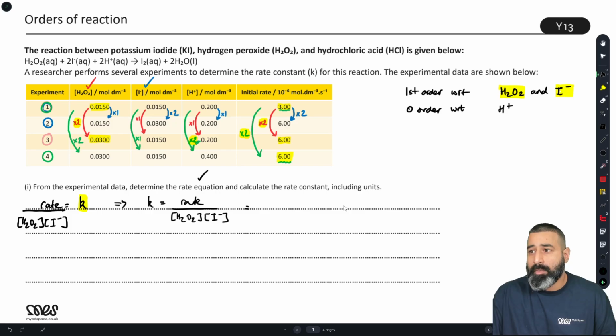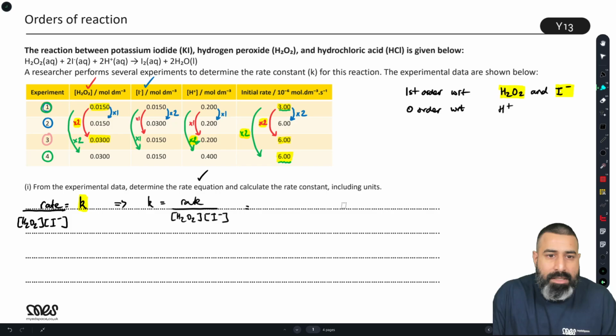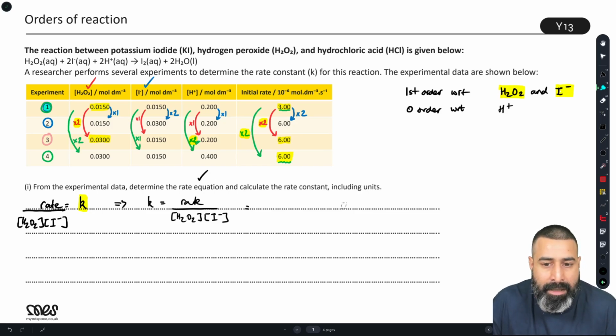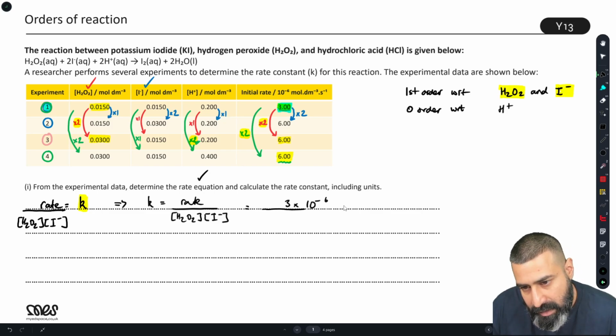So now what we do is just pick any run number you want. So let's go for run number 1. And what we're going to do is use data in run number 1 and substitute it into our rate equation. So the initial rate is 3 times 10 to the minus 6. Don't forget that, times 10 to the minus 6.